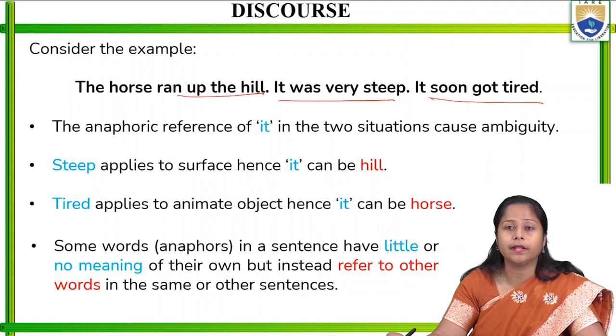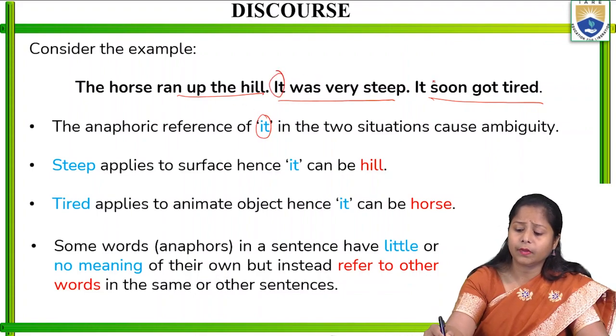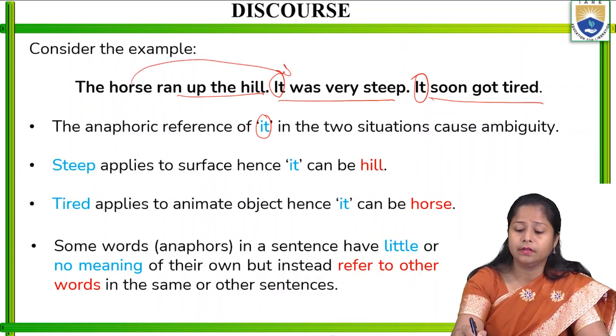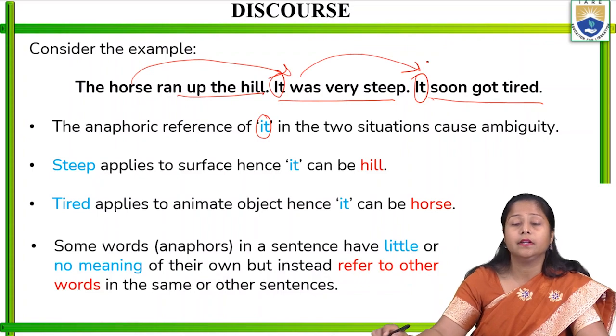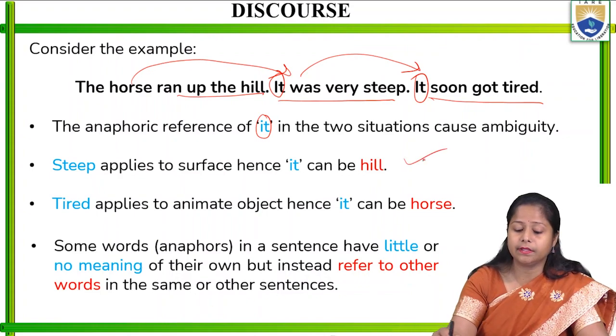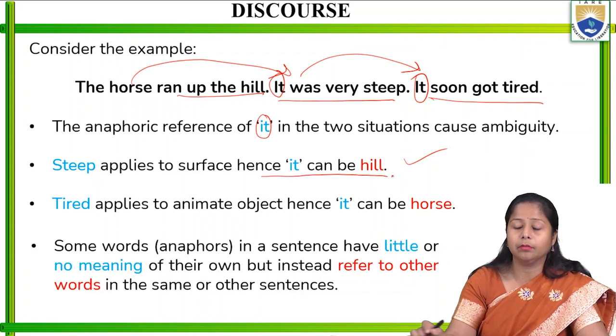So the anaphoric reference of it. Here it is going to take the reference of the horse. The horse is going to do all these things in that context. So it is actually going to make two types of ambiguities. In the anaphoric ambiguity, first, steep applies to a surface, hence it can be the hill.